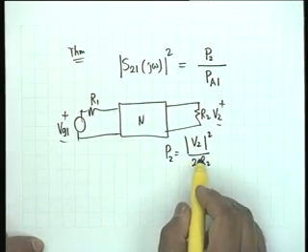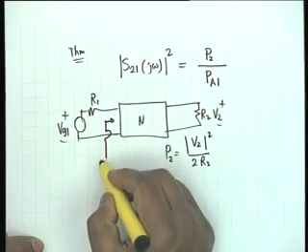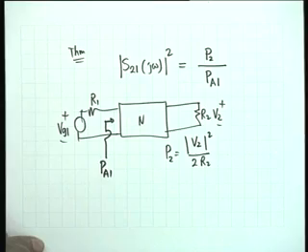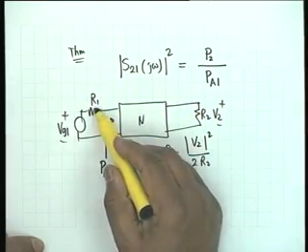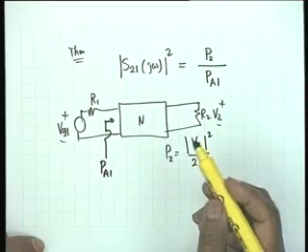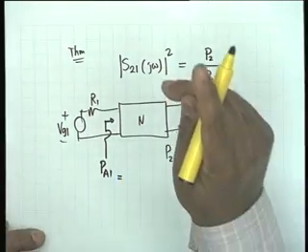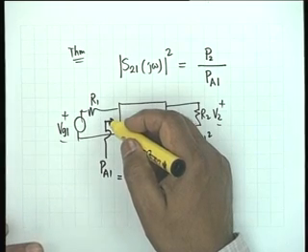So, this is the power P2, and PA1 is the power that is available at port number 1. That is the maximum power that can be drawn from the source Vg1, R1, and this shall happen when the input impedance is equal to R1.